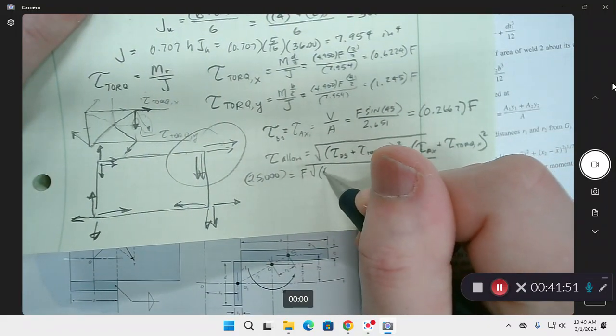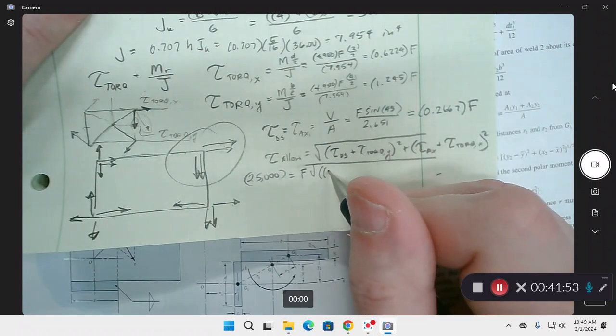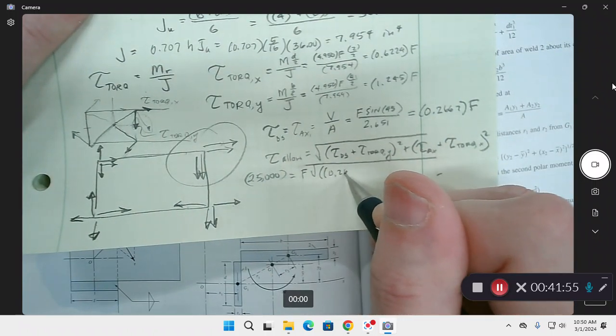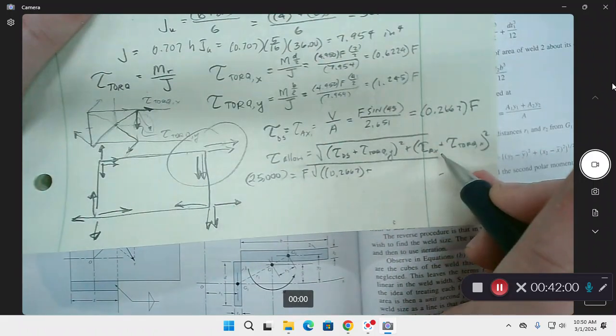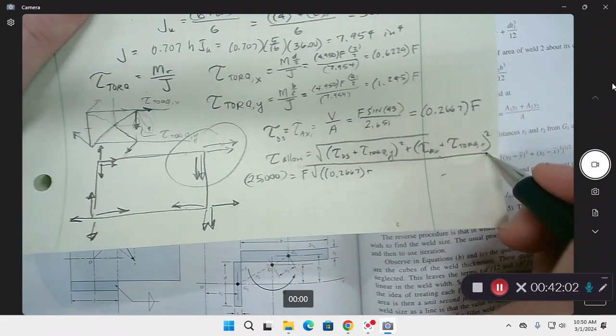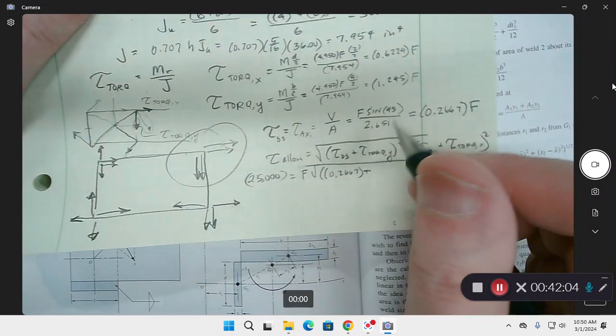So in here we're going to have 0.2667 plus, and I guess it's not actually going to matter if I get them backwards, but I'll try to get them the right way.